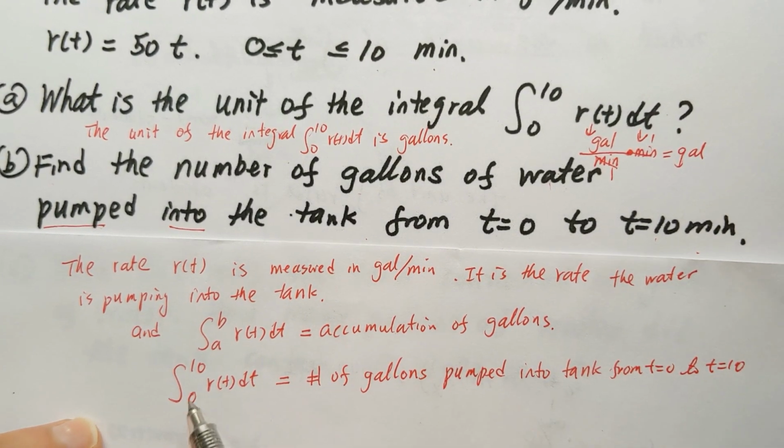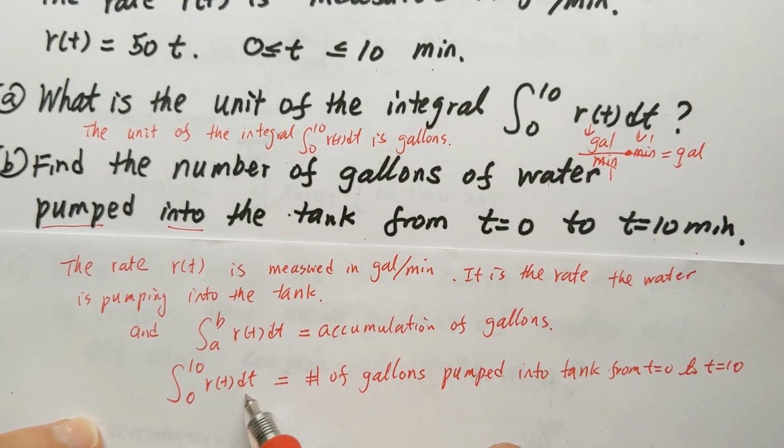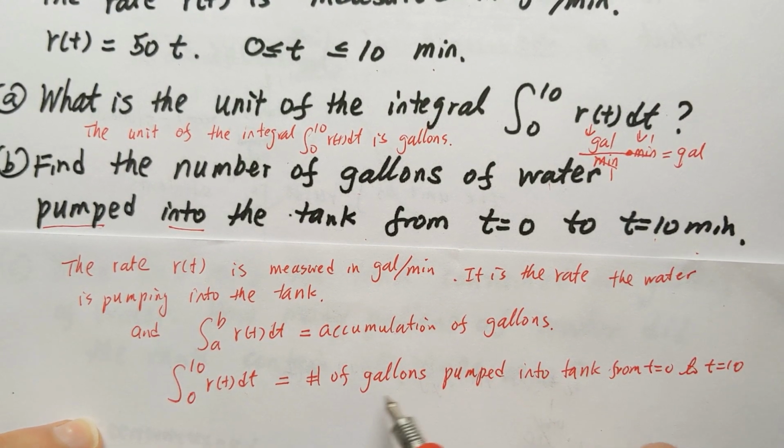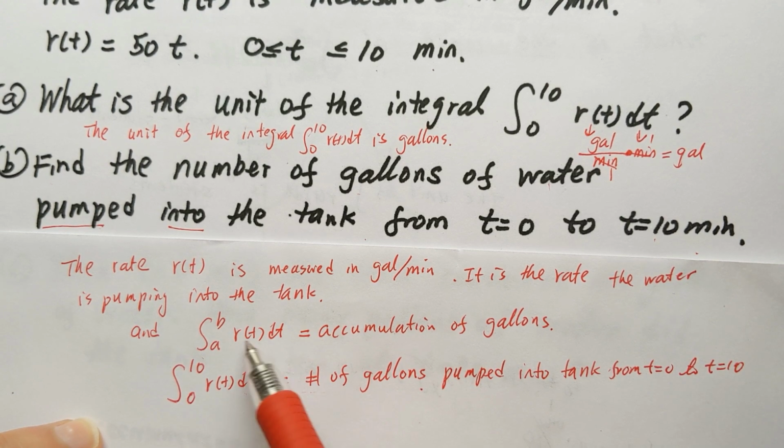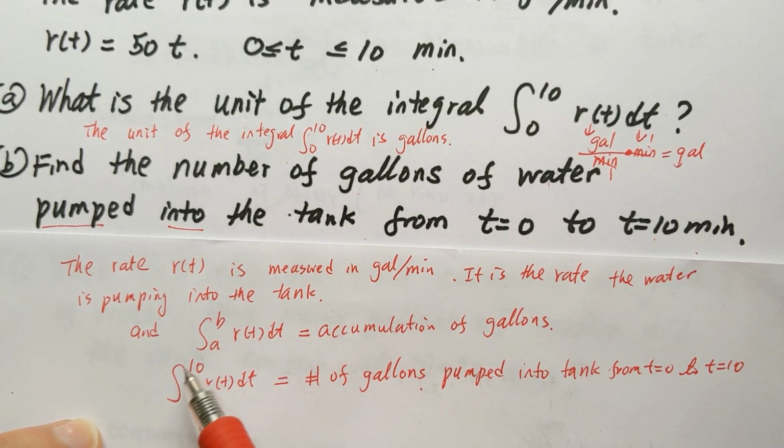So one more time, because the integral from 0 to 10 of R(t) dt accumulates gallons of water, we use this to find out how many gallons of water were pumped into it.